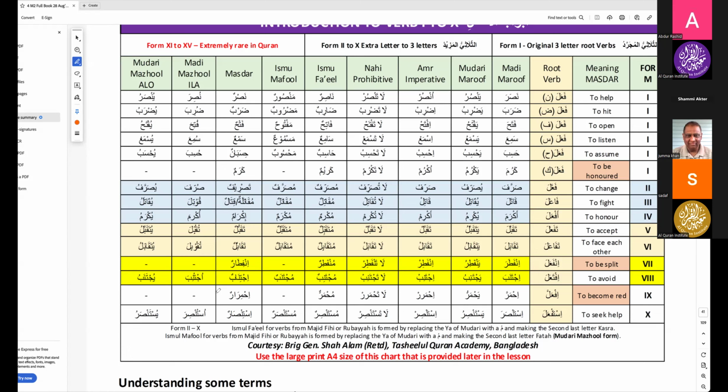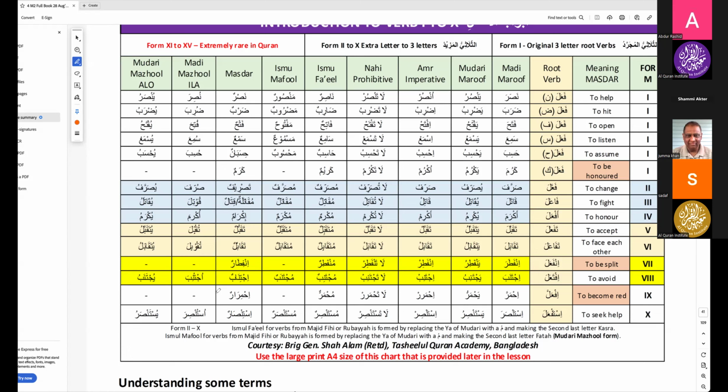This is how my ustad taught me, and that's the best way. So form 1 is very easy. Form 1 is actually not part of this lesson, but we start with form 1 and then continue. So any question on form 1?